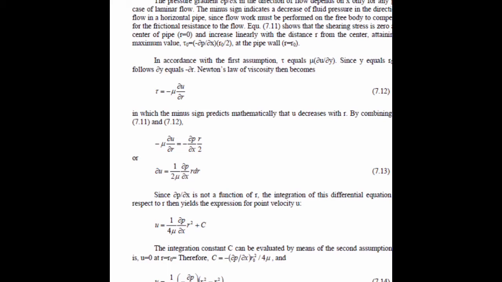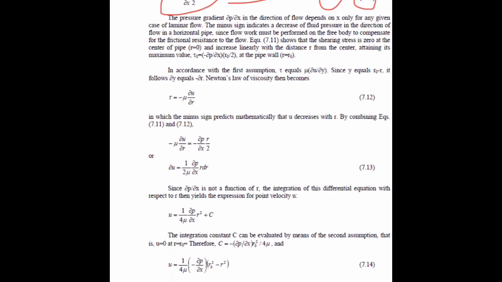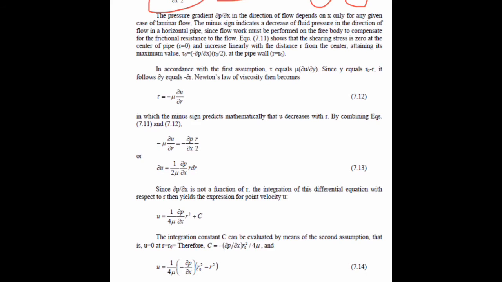That means velocity decreases with radius of the fluid element. If you combine the above equations of shear stress, we will get an equation del u equal to 1 by 2 mu del p by del x r dr.